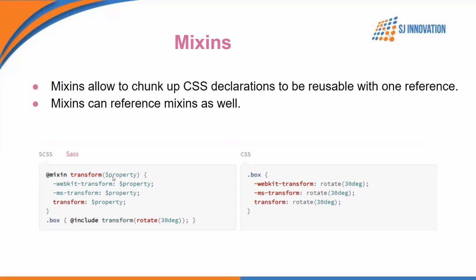We also put a parameter in the parentheses, so we can change the value if we want to. And if we want to use it in our code, we have to declare it with include and the name, so then we can use it in our project.